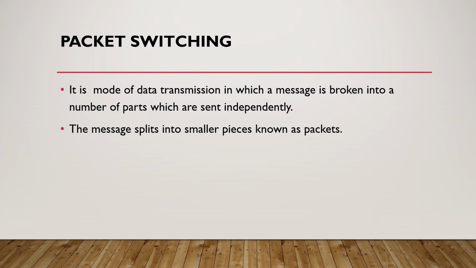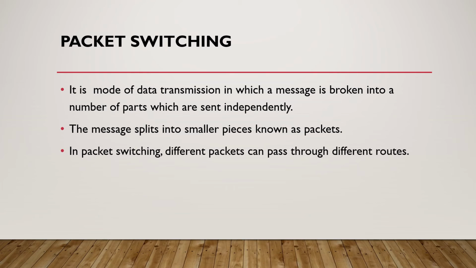The message splits into smaller pieces known as packets, and packets are given unique numbers to identify their order at the receiving end. Every packet contains some control information in its header which is required for routing and other purposes, such as source address, destination address and sequence number.